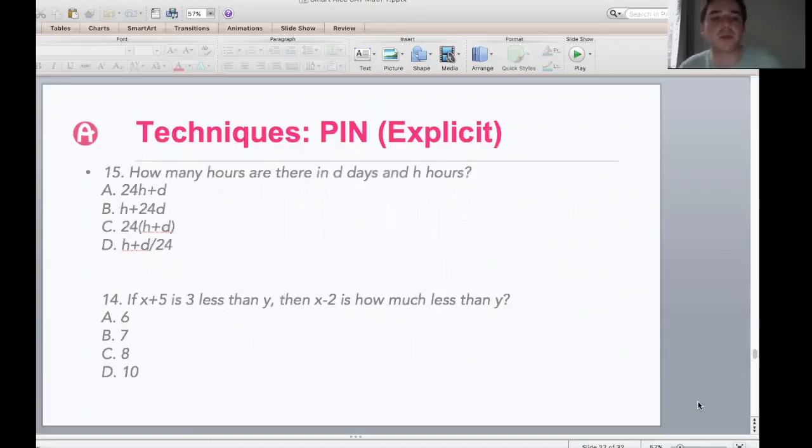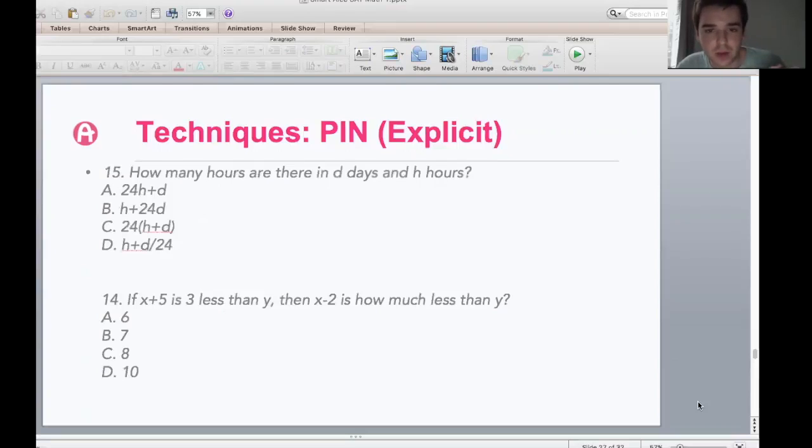So here are some examples. Number 15, how many hours are there in D days and H hours? So that's one where you might be inclined to ask, how difficult is this really? Not so much. You can think about it, or you can just arbitrarily choose numbers. Let's say D is 1 and H is 3.